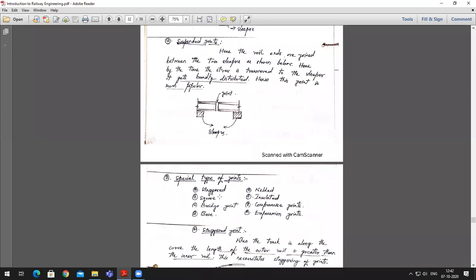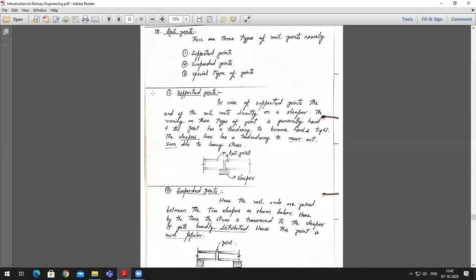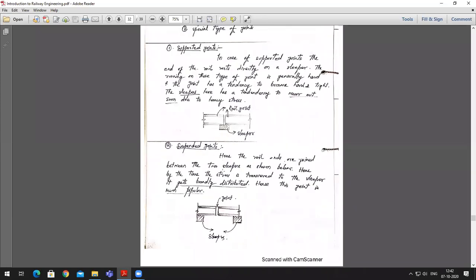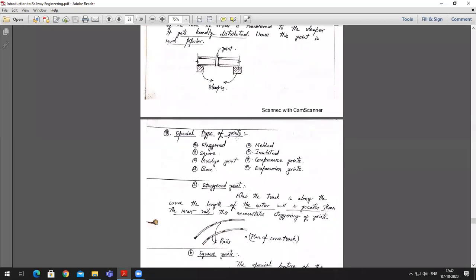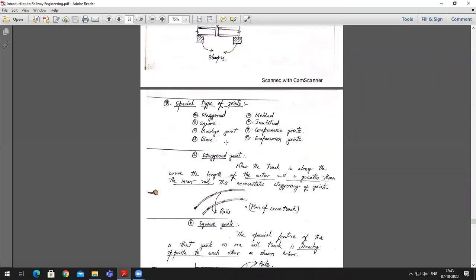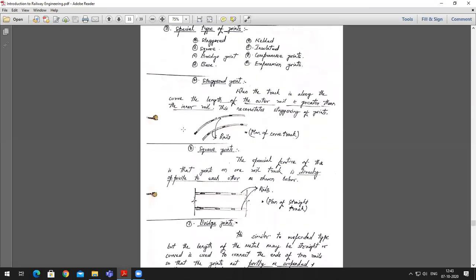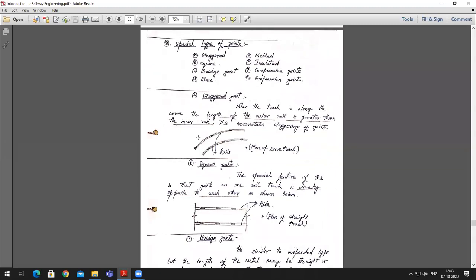Other than the supported joint and suspended joint, you have one more category which we call the special type of joints. Now whatever image we are seeing here would be in the form of a plan. So if this is a railway track, this would be the outer rail and this would be the inner rail.